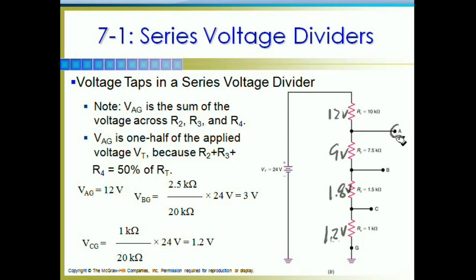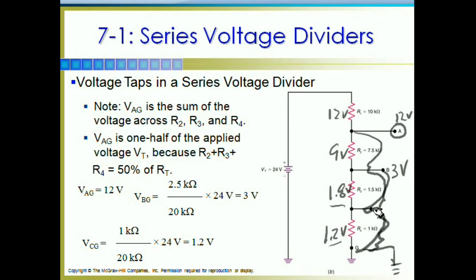If I want the voltage drop at point A, and I'm measuring A to ground, because of course that's how the voltage would be measured, I then have 9 volts plus 1.8 volts plus 1.2 volts, or 12 volts at point A. If I'm measuring the voltage at point B, I've got the voltage drop across R3 and the voltage drop across R4, or 1.8 plus 1.2, 3 volts.